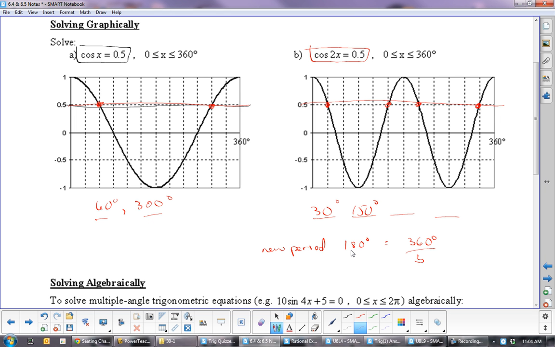So that would be 360, b is 2, so that's how you get your 180 degrees. And all you do to the first one is you add 180, and you will get 210 degrees. In the second one, add 180, and you will get 330 degrees.